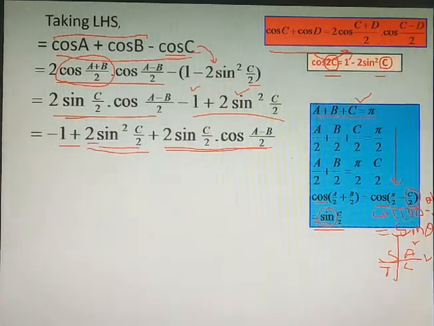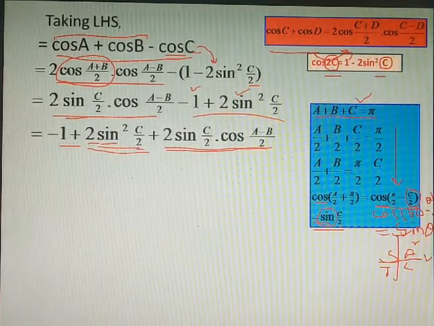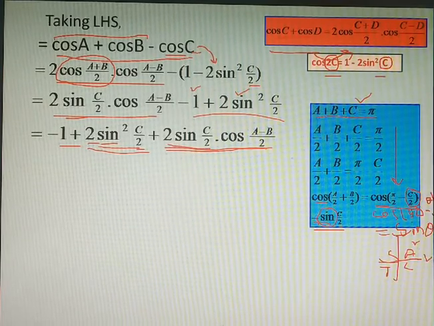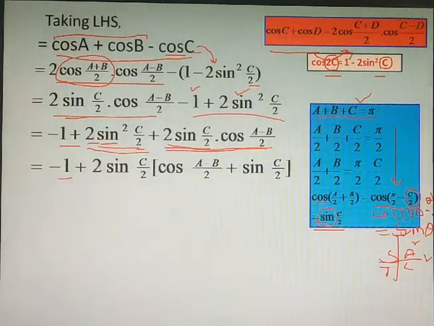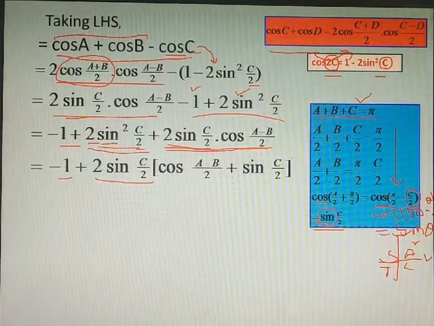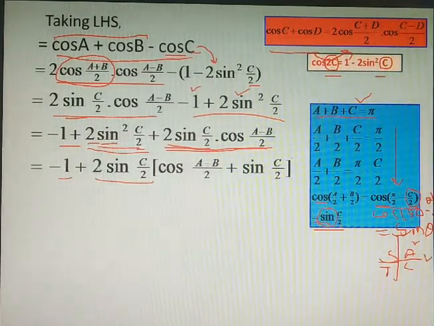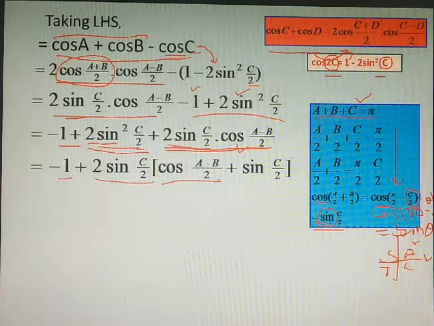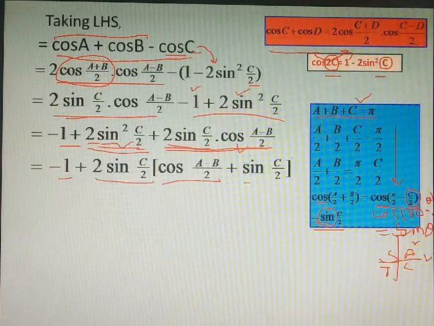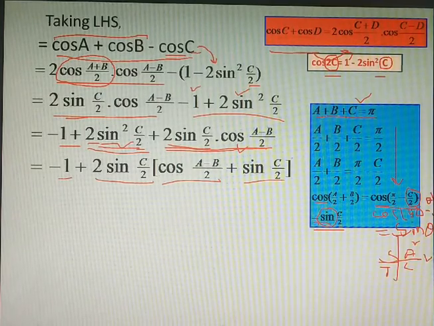Yes, 2 sin(C/2) is common in both of these. So let's take it common. Minus 1 is copied the same from the above step. 2 sin(C/2) is common between the second and third terms, and these are the remaining factors that we have got in the above step.